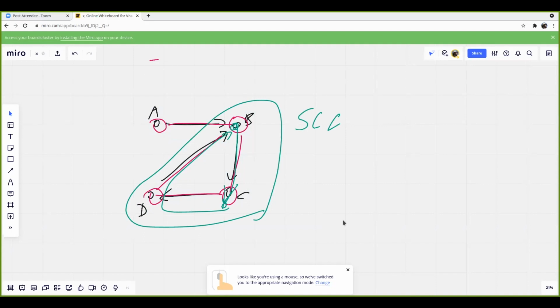In each directed graph, we can uniquely identify the strongly connected components. All of the vertices of the graph can be split in a unique way into such sets of vertices, such that each set is maximal with this property, and within each set, each two vertices are mutually reachable.